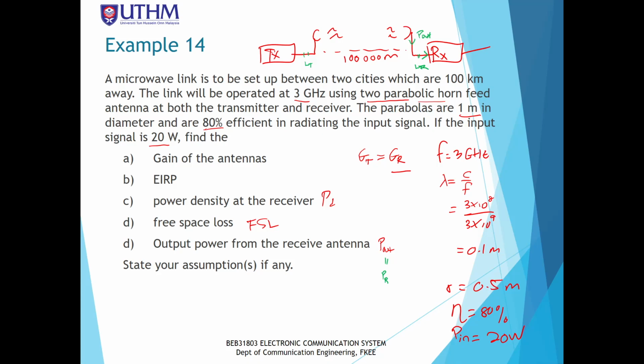Again, if I show you the picture, here is PT and here is P in. If there's no LT, that means PT is equal to P in. So all the power produced by the transmitter will be received by the antenna. Similarly, on the receiver side, all power produced by the receiving antenna will be received by the receiver.